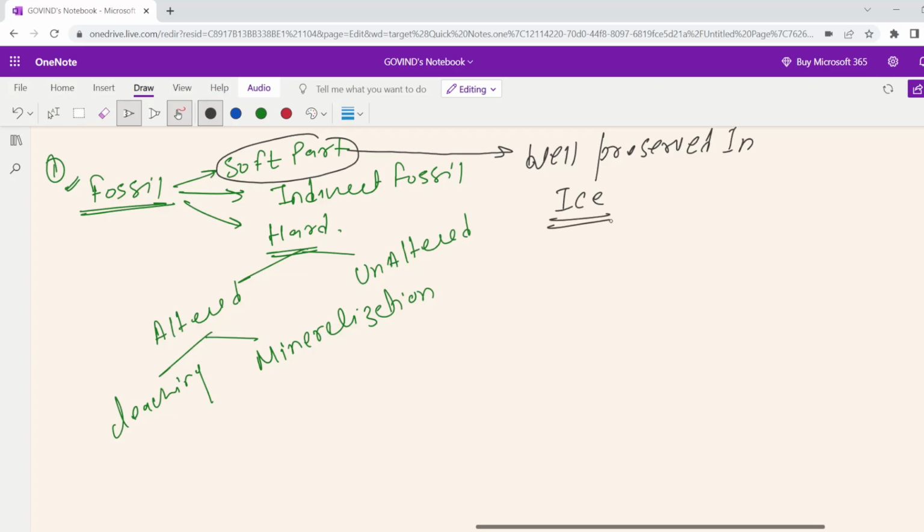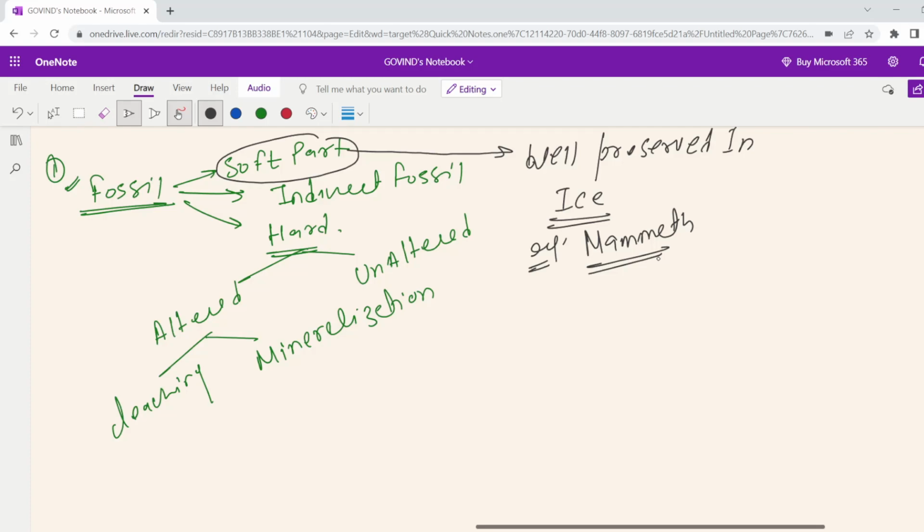Even today we have the example of the mammoth. I'm sure you know what mammoths are. They look like elephants, but they were very hairy, although they are extinct now. But we got their fossils even today in the Siberian ice area.